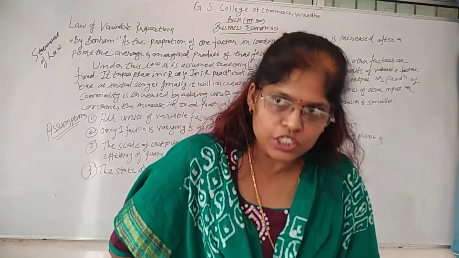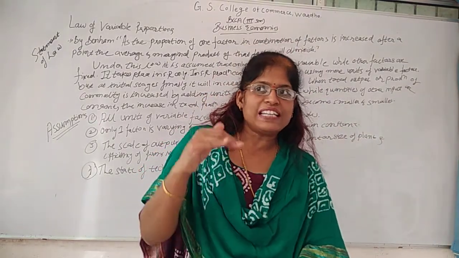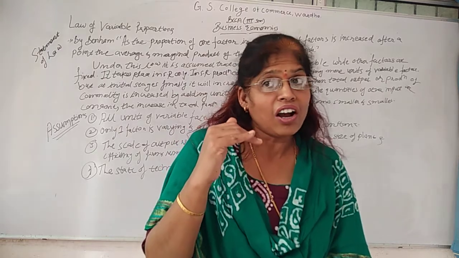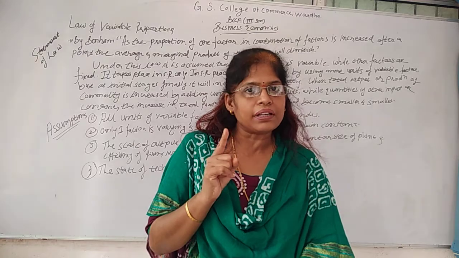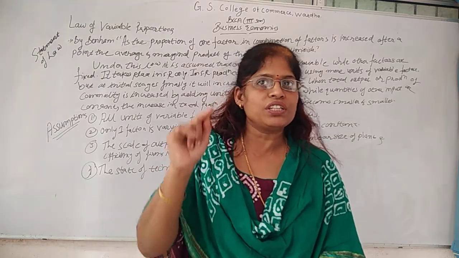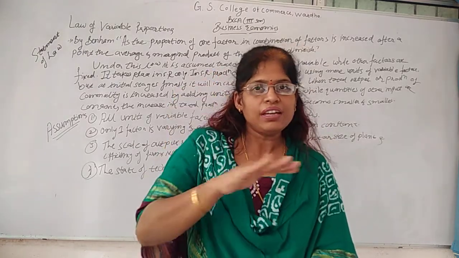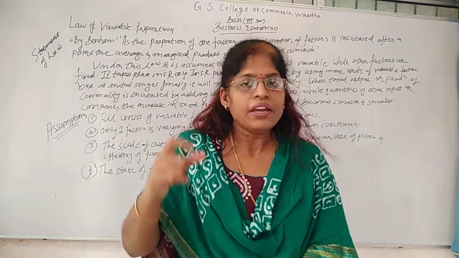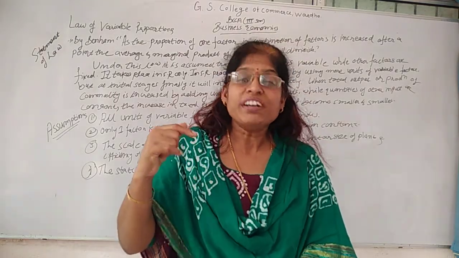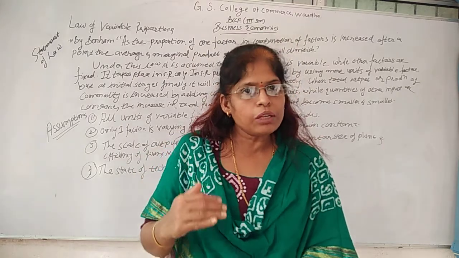Then we have seen marginal product. If a producer is making changes in the variable factors, which are labor and capital, if he is varying the quantity of labor, and instead of using 25 labor he uses 26 labor, then what will be the production?